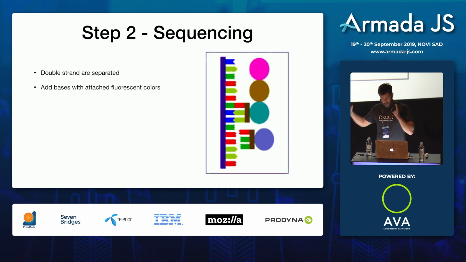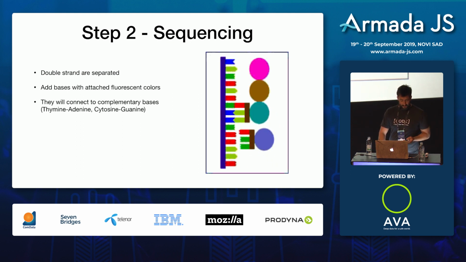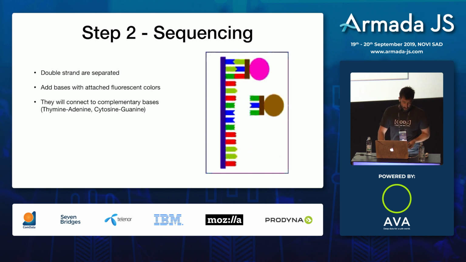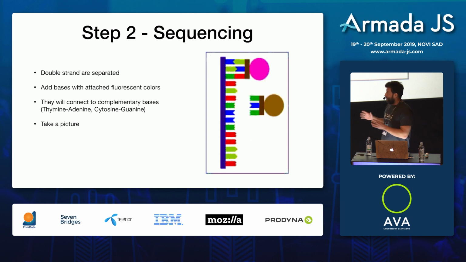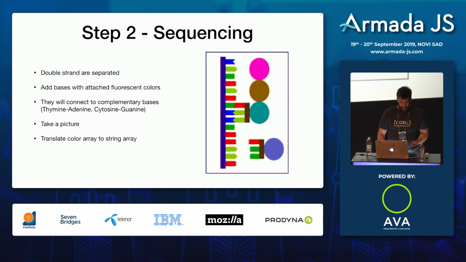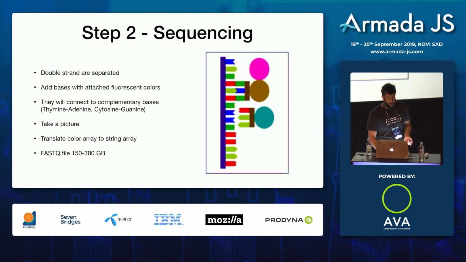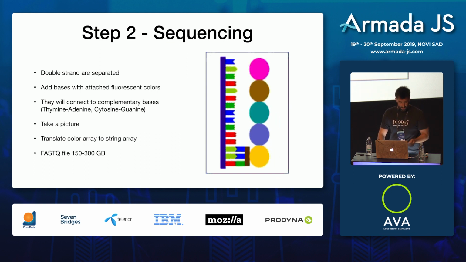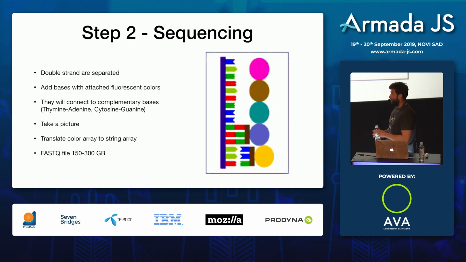So these bases are now connected to the separated strands. They connect to the complementary bases, and they literally take a picture of this and translate the color array to a string array. Actually, a string. So that's how the sequencer works, and the output is a FASTQ file of around 100 to 300 gigabytes.